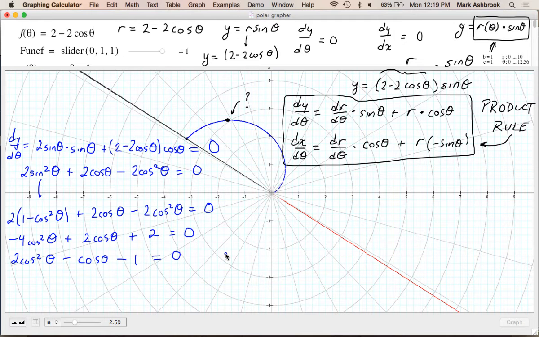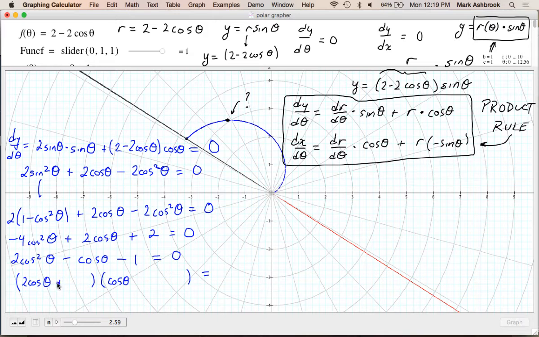And now, does that factor? Can I factor that into 2 cosine theta and cosine theta? I need a product of negative 1 and a sum of negative 1. I need a plus 1 and a negative 1 so that the middle terms add up to negative cosine.